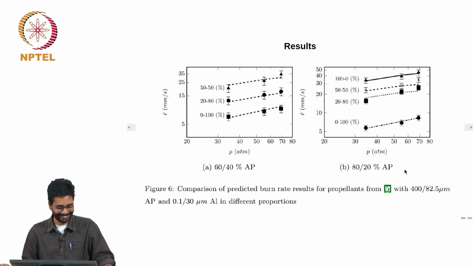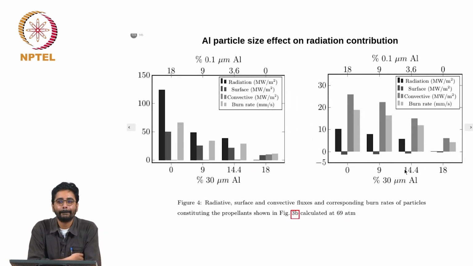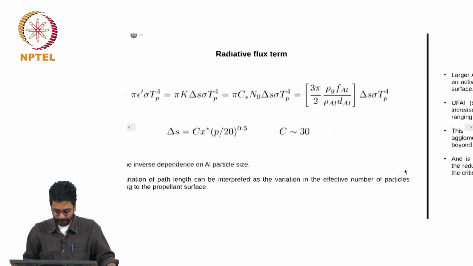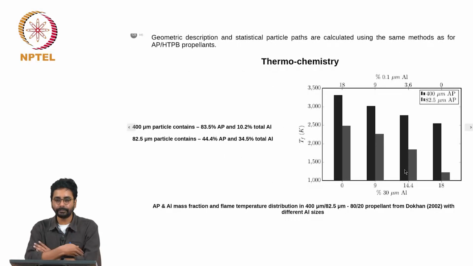Sir, in the slide in which you talked about thermochemistry, there is 83% AP and 10% aluminium, and when you go to a lower particle size, a less coarse AP, the percentage of aluminium increases. Has this been used as an analogy from the experiments we had, or is there some other basis for it?